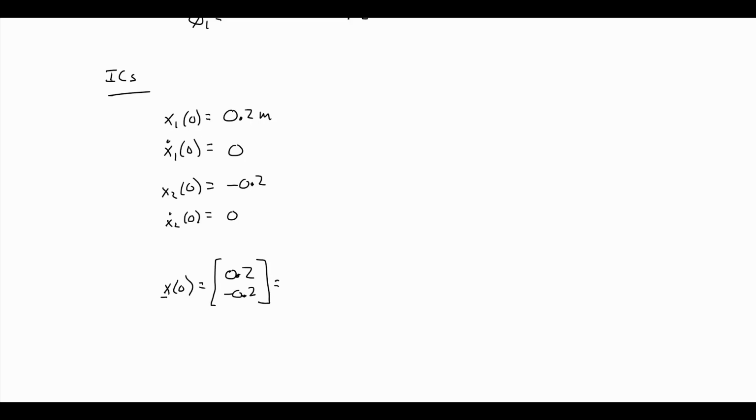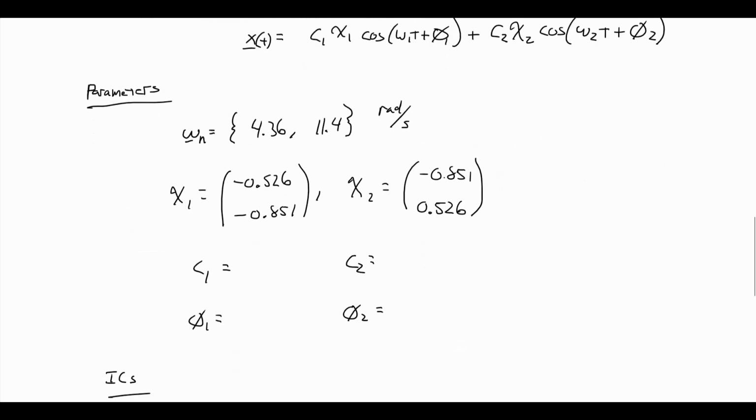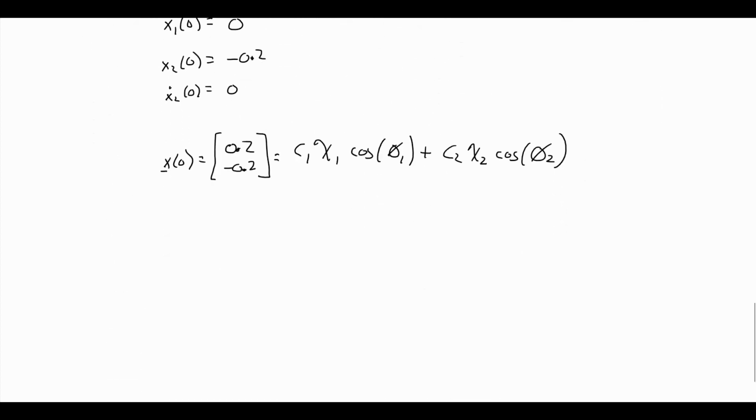And this gives us a vector equation, but really it's 2 scalar equations: C1 chi1 cosine of phi1 plus C2 chi2 cosine of phi2. Right, so this is coming from that x of t equation up here, our general form, evaluated at t equals 0, since that's the initial condition. So that's 2 of our equations. And I'll rearrange it in a second.